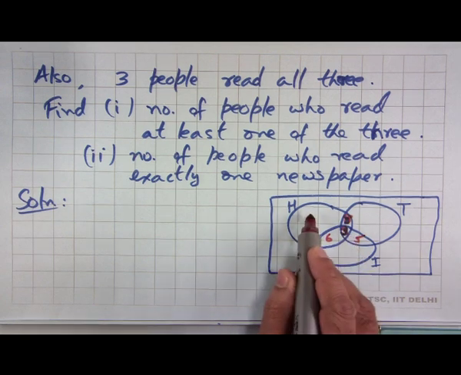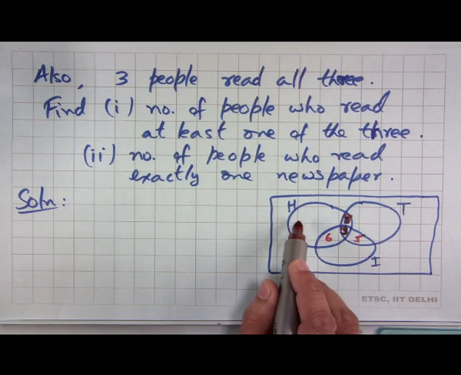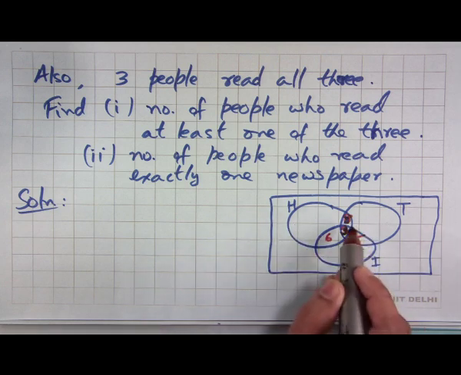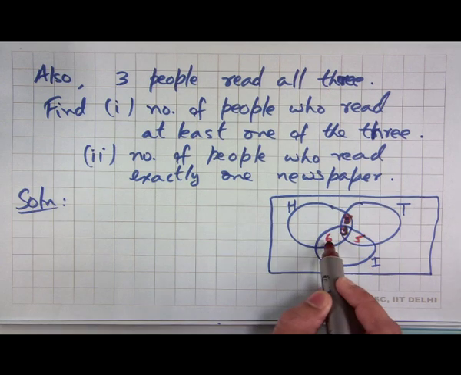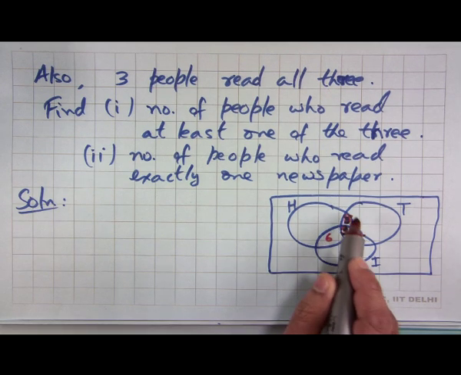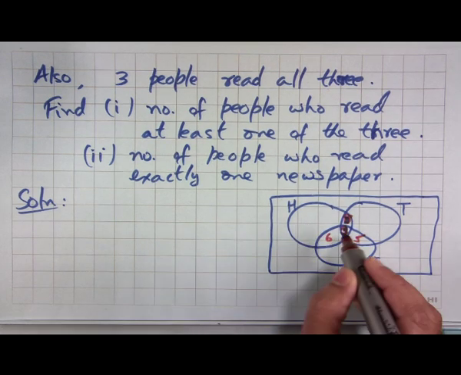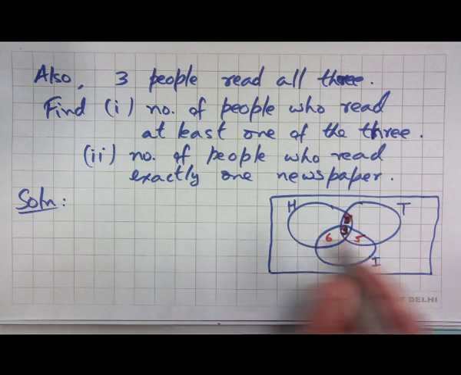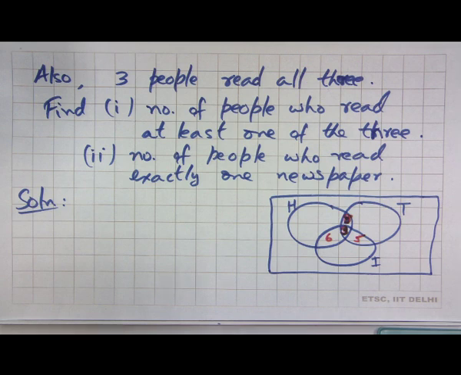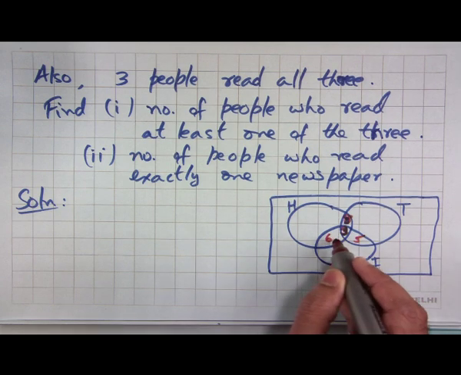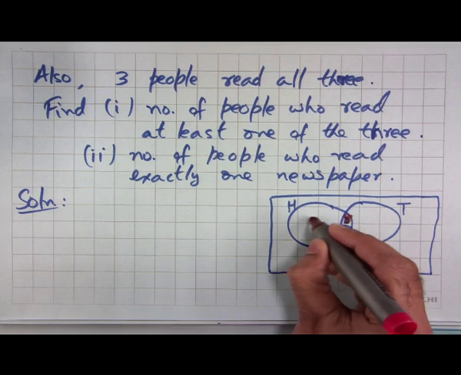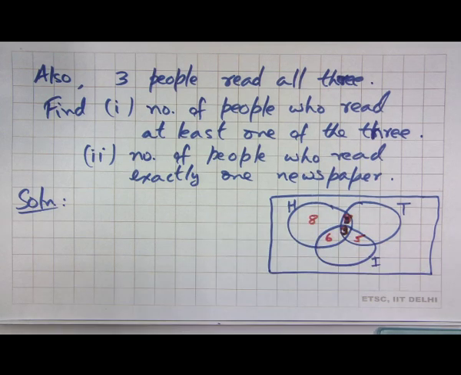So, number of people who read only H: we know that 25 people read H. So, here we have 8 plus 3 is 11, plus 6 is 17, who read at least 2 of the newspapers including H. So, the rest is 25 minus 17, so this is 8 people who read only H. And then only T is 26.